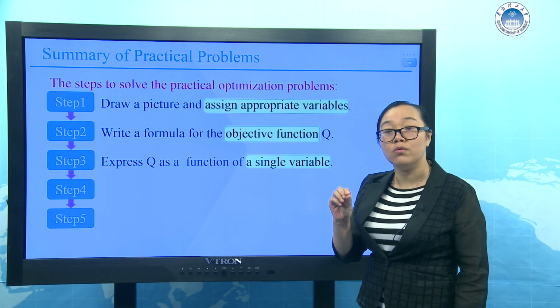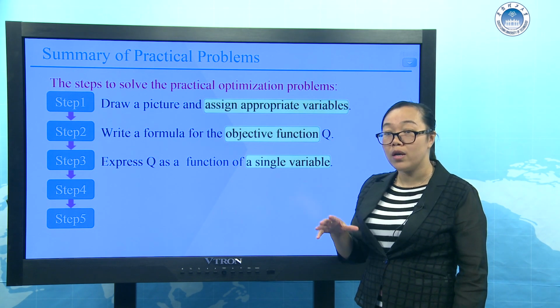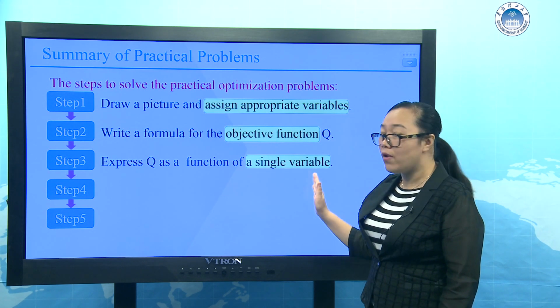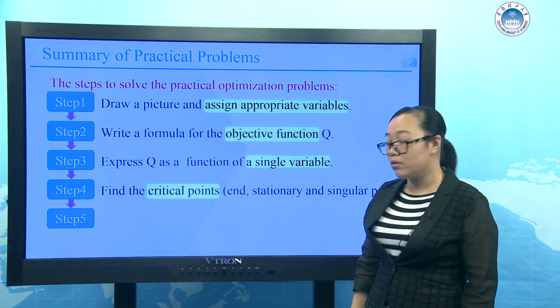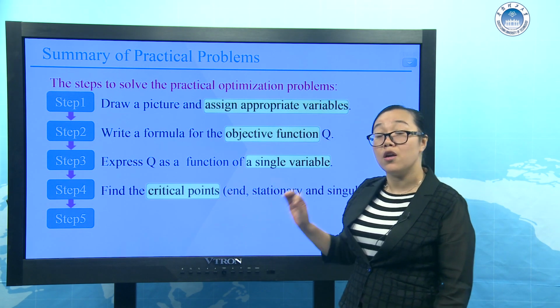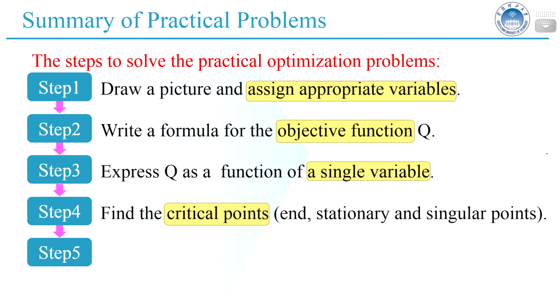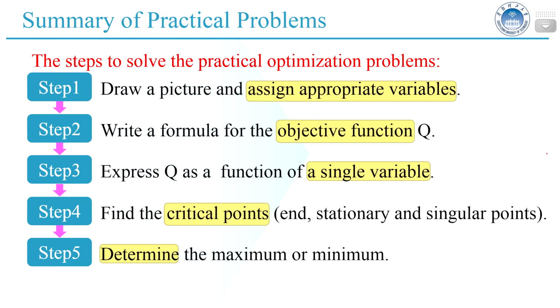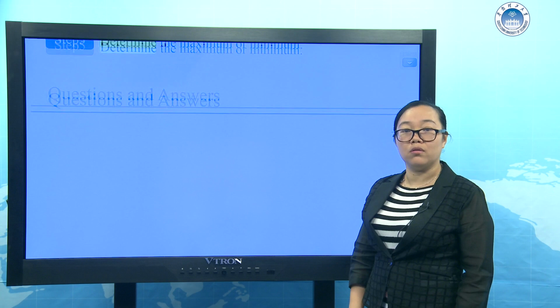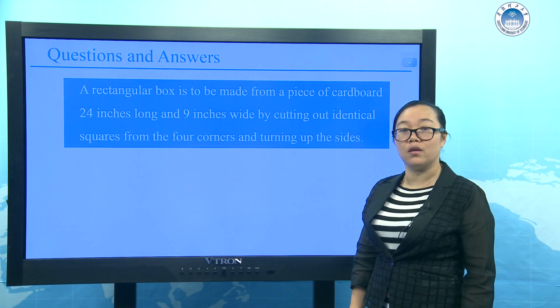Maybe there are 2 unknown variables; try to make the function into one single variable, and then try to find the critical points. How many kinds of points? Yes, 3 kinds: end point, stationary point, and singular point. The last step, determine the maximum or minimum. If there are more than 2 points, how to do? Compare the values.